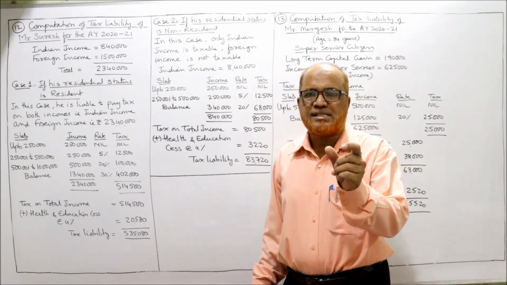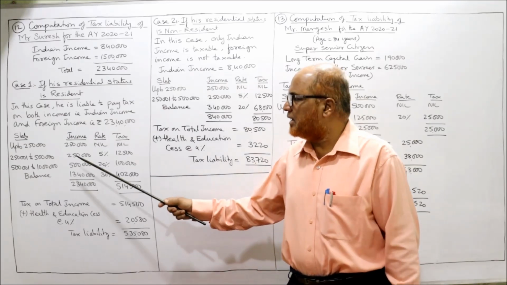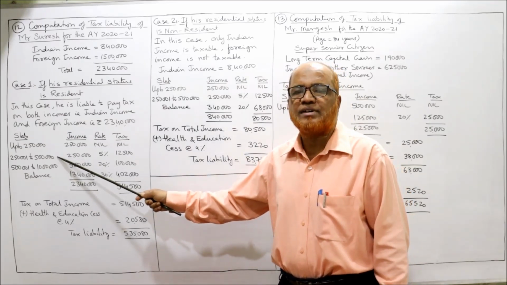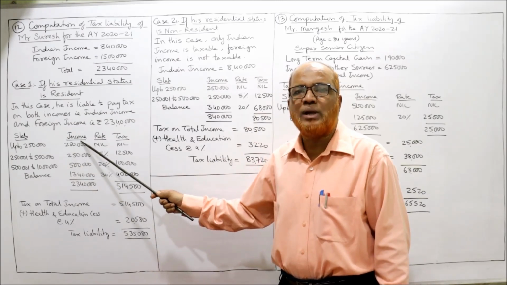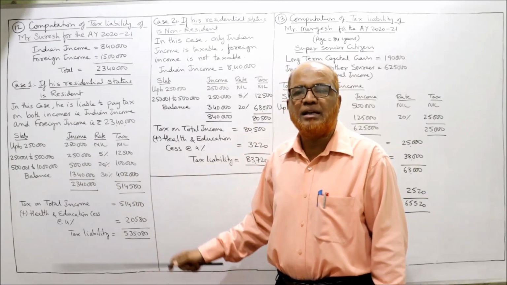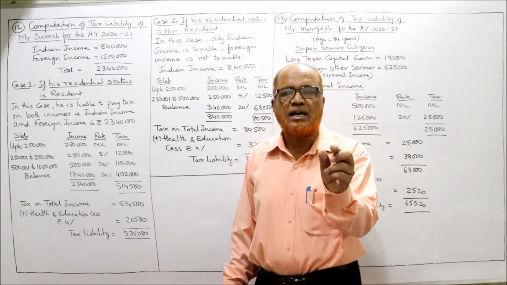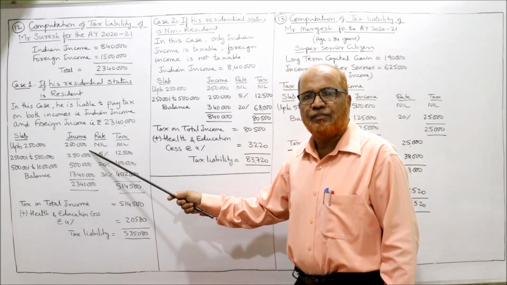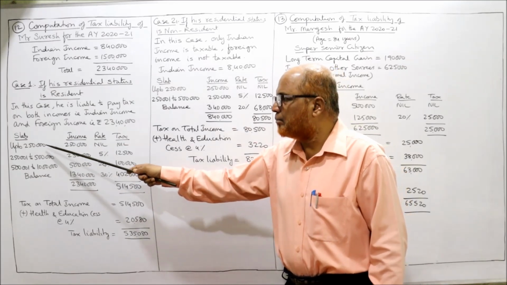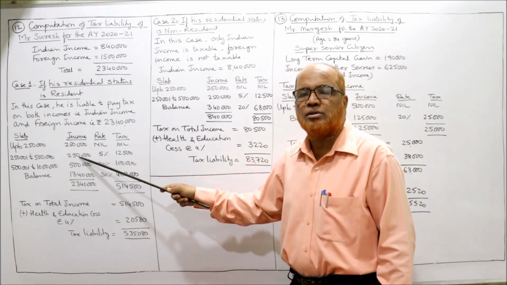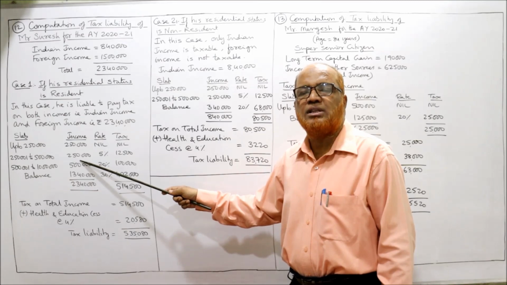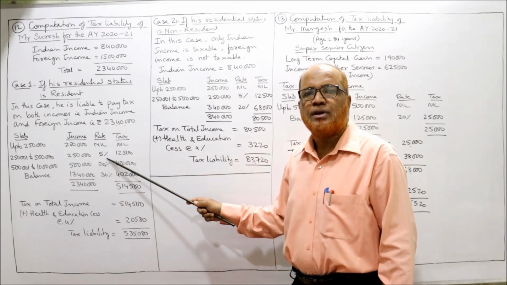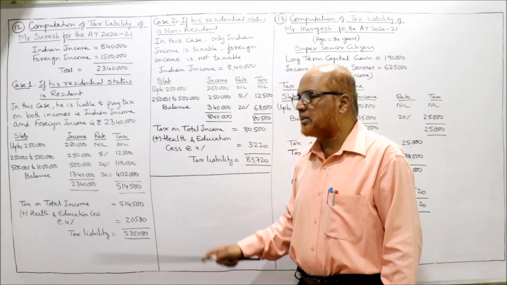That means the second slab is up to 5 lakh; deduct the first slab of 2 lakh 50,000. So 5 lakh minus 2 lakh 50,000, the second slab is 2 lakh 50,000. The rate of tax is 5%. So 2 lakh 50,000 at 5% is 12,500.